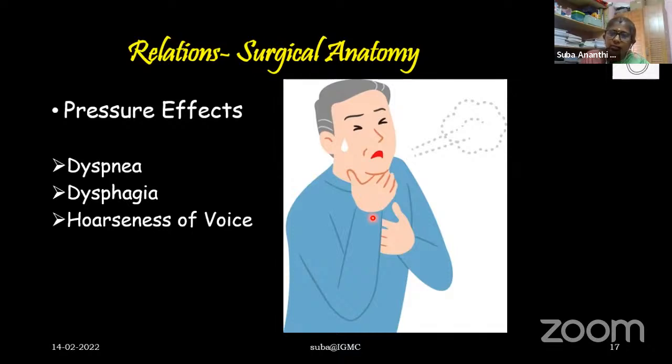When it compresses the esophagus, the patient may complain of difficulty in swallowing, which we call dysphagia. When it compresses the important nerve, the recurrent laryngeal nerve, the patient will complain of hoarseness of voice. Since these structures are related to the medial surface of the gland.